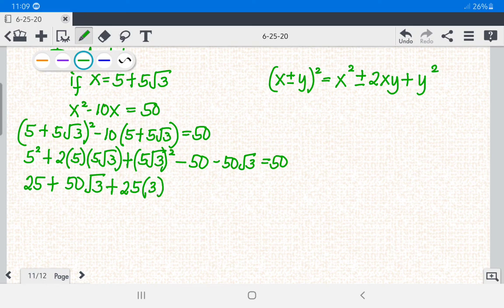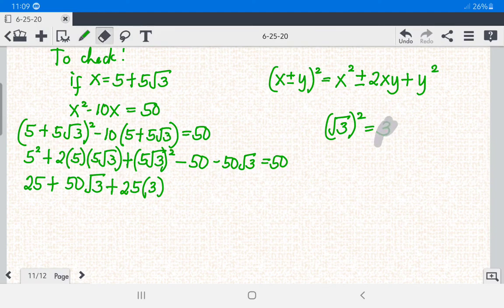For those who ask, why is it that square root of 3 squared is equal to 3? I think you know now the answer: if you write that into exponential form, this is equal to 3 raised to the exponent 2 over the index here, 2.